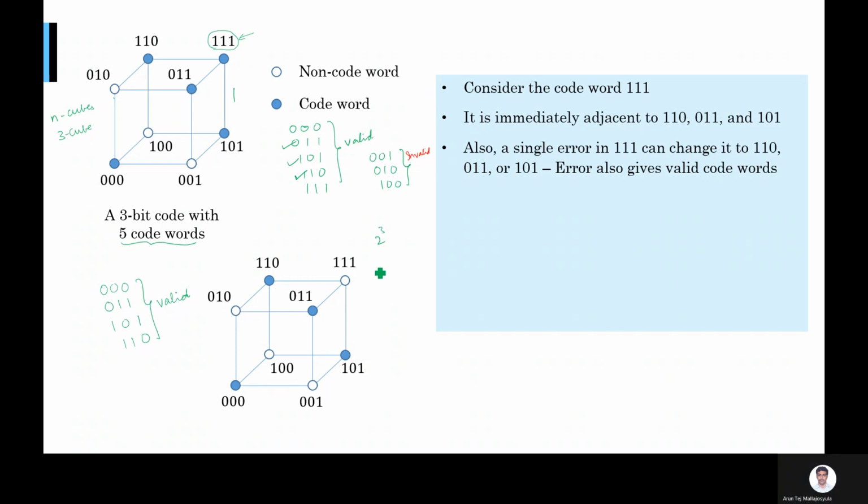So of the 8 code words, half of them are valid and half of them are invalid here. What is the distance between any two code words? You can easily check here. 000 and 011. Obviously, these are not adjacent, and so the distance is more than 1. 101 and 011. These are also not adjacent, so the distance is more than 1. 110 and 011.